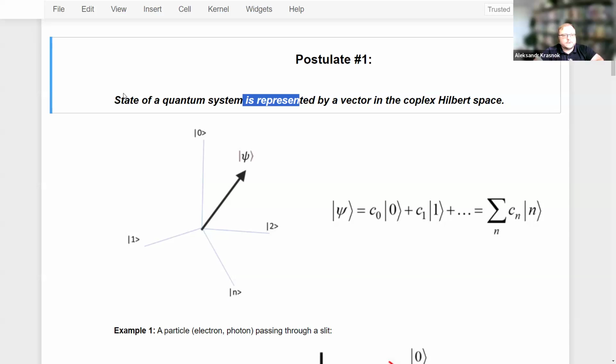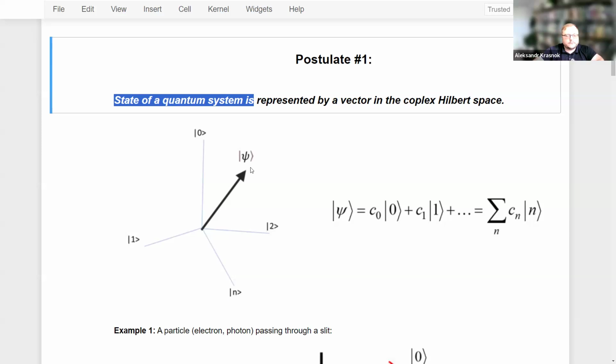The point is that since we are classical, we work in a classical way, and our world is a classical world, we don't know how to imagine this quantum state. The best we can do is just assume that it is some sort of a state, and then represent the state by a vector in a Hilbert space.